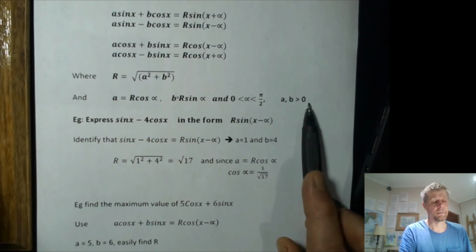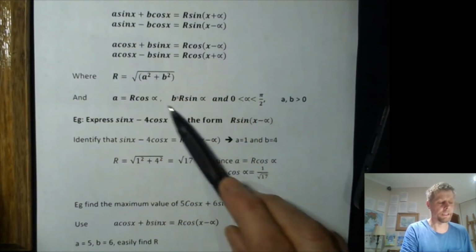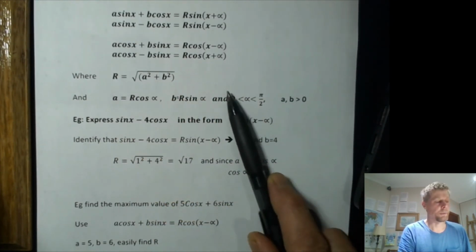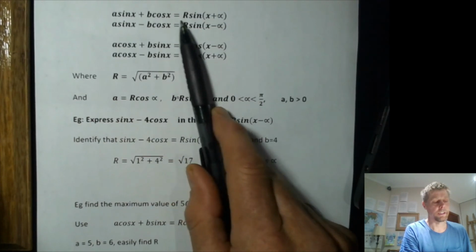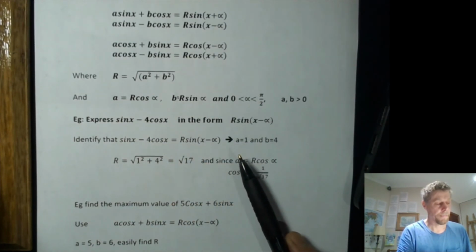And a and b are both positive. So if you keep this in mind, it's quite easy to express a sine x plus b cos x as r sine x plus alpha, etc.